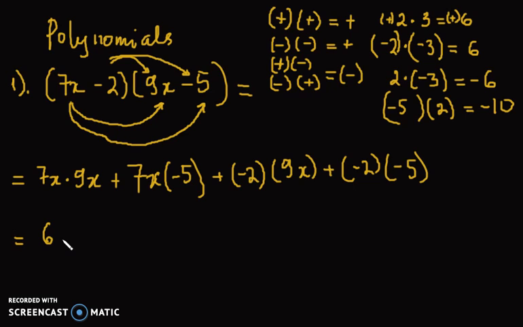63. So you would multiply numbers by numbers, and then x. Here in this case, remember that x is equal to x to the first power.